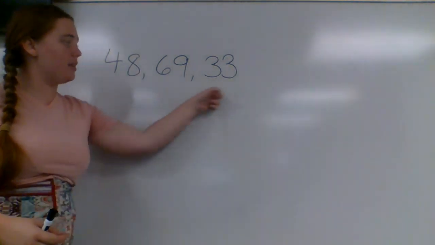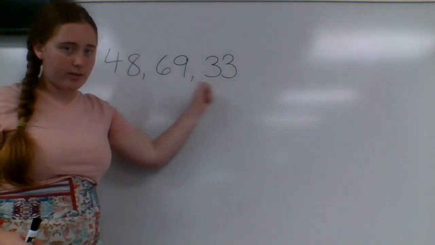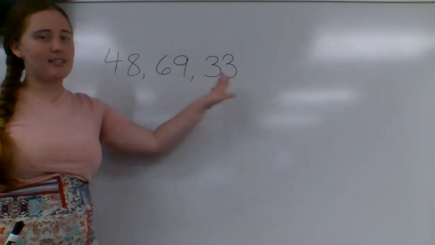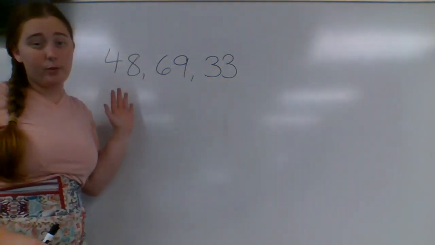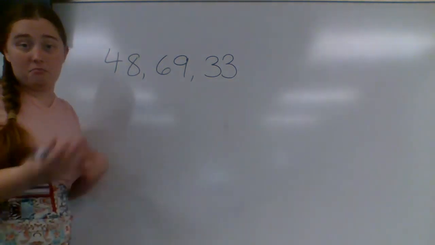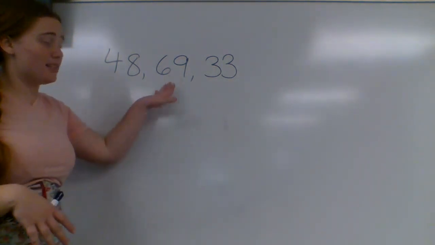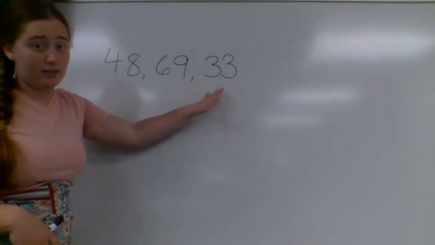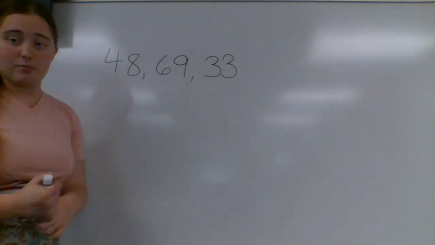My smallest number here is 33, so my answer cannot be smaller than 33. It has to be somewhere between 69 and 33, maybe somewhere around 48, maybe bigger, smaller. The 48 is in the middle, so it could be bigger or smaller. Doesn't really matter, as long as my answer is not bigger than my largest number or smaller than my smallest number. So let's go ahead and get into this problem.